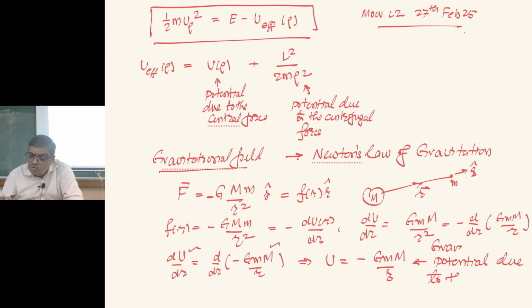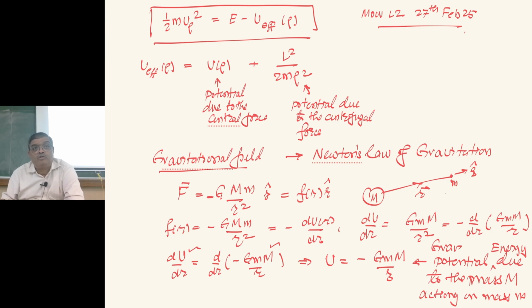due to the mass M. The gravitational potential energy acting on mass m. This is the gravitational potential energy of what object? It's usually of the object that experiences the force.